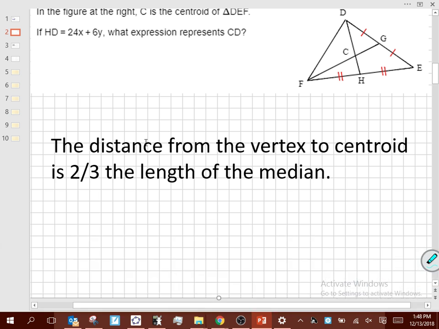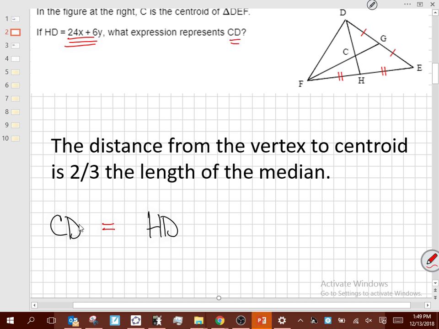We're going to come back to that in a moment because we want to look at HD and CD in this picture. HD and CD. My goal is to come up with an expression for CD. Obviously, we know they're not equal. CD and HD are not equal right now. But they're trying to come up with an expression. Given HD, can you come up with an expression for CD?